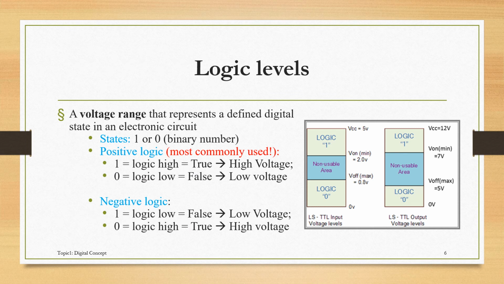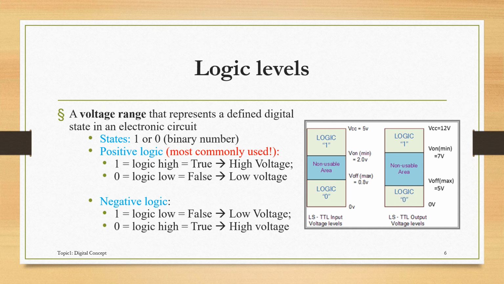Finally, logic levels. The logic levels are defined as a voltage range that represents a defined digital state in an electronic circuit. We all know that digital states basically mean 1 or 0. There are only two states, corresponding to the binary number system.